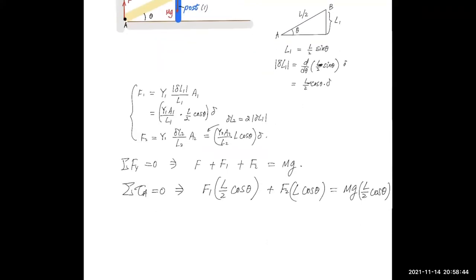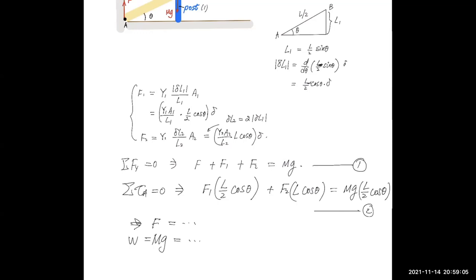So now we have two equations, right? Equation number 1 and equation number 2, and what are we looking for? We're looking for F, and we're looking for M, or mg, whatever you call it, W, which is equal to mg.